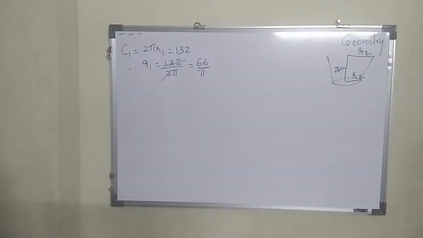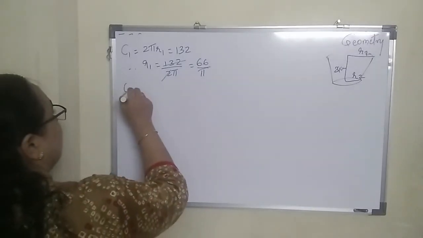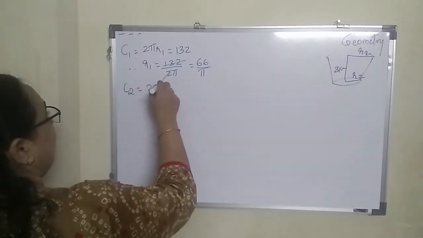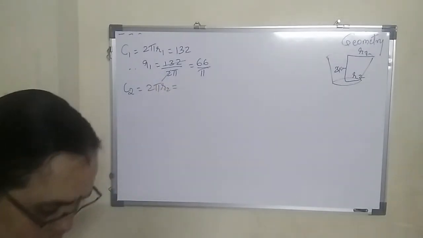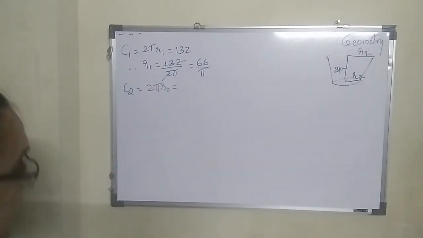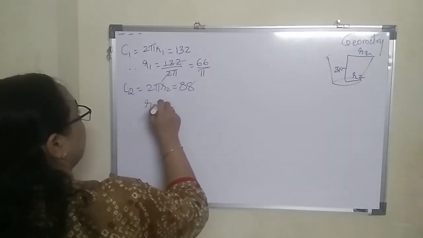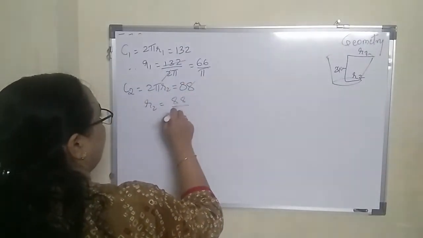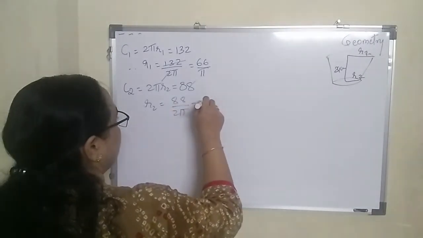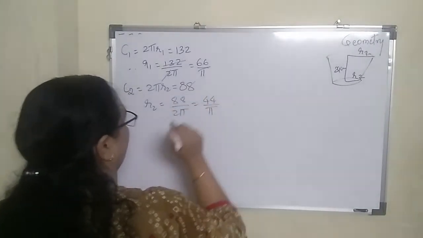For the next circumference, C2, 2 pi r2 equals 88. So r2 is 88 upon 2 pi. When you cancel, you get 44 upon pi.